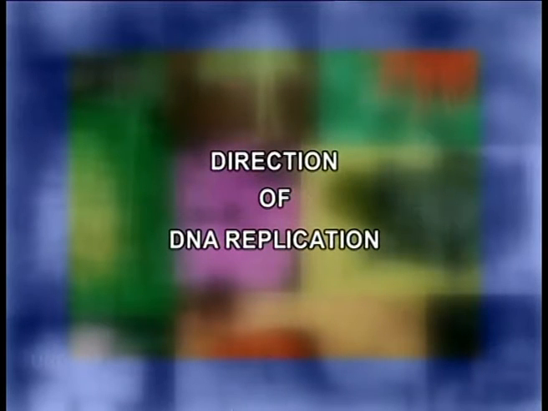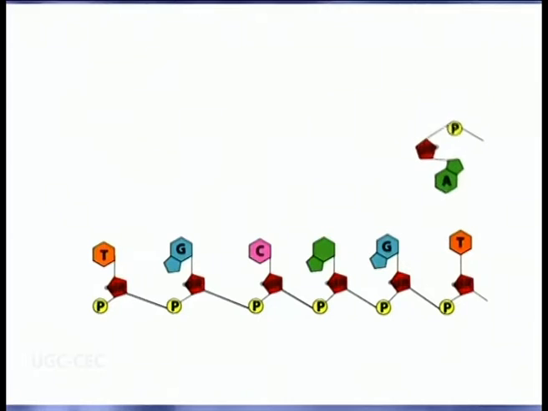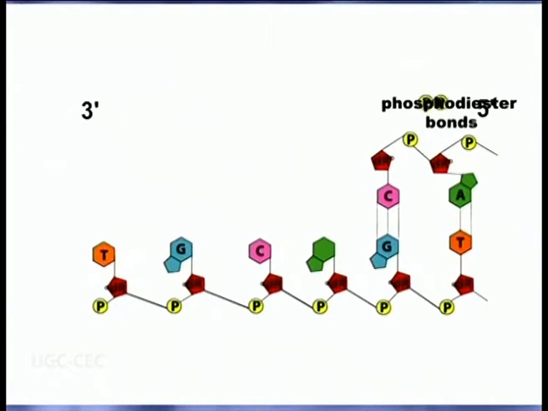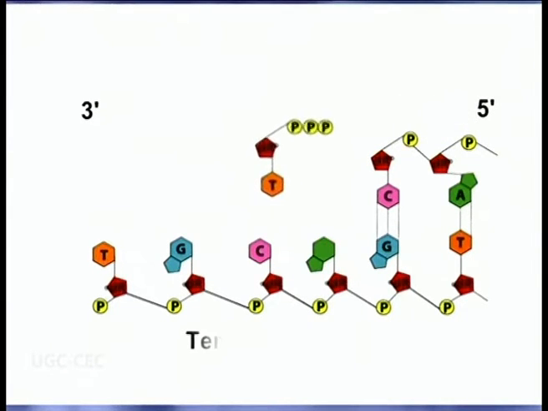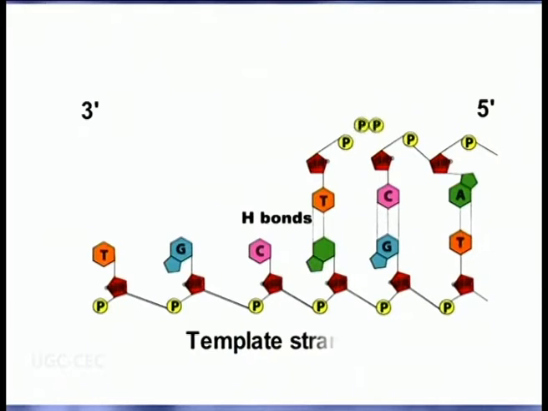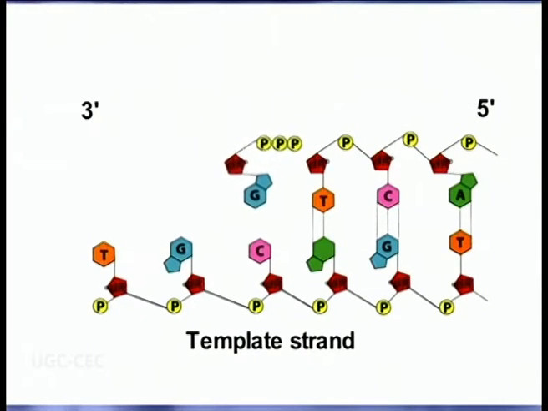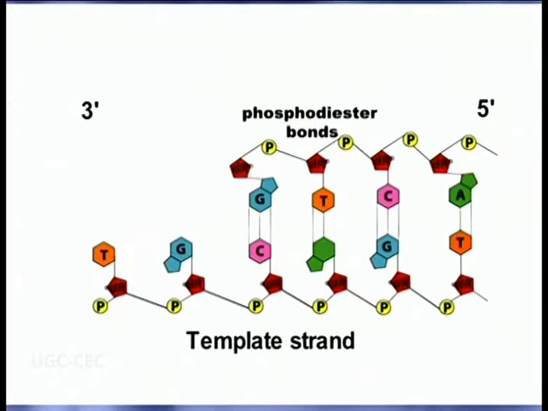Direction of DNA replication or synthesis. A new strand of DNA is always synthesized in the 5' to 3' direction, that is, nucleotides matched to the template strand are added to the 3' end via creation of a phosphodiester bond by DNA polymerase.